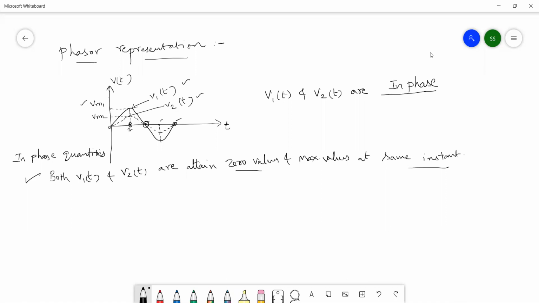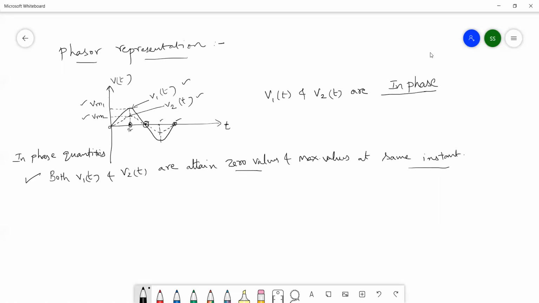Similarly, at the same 90 degrees instant, what is the value of V2 of t? Vm2, its own maximum amplitude. That means both individually attain their maximum values at the same instant.